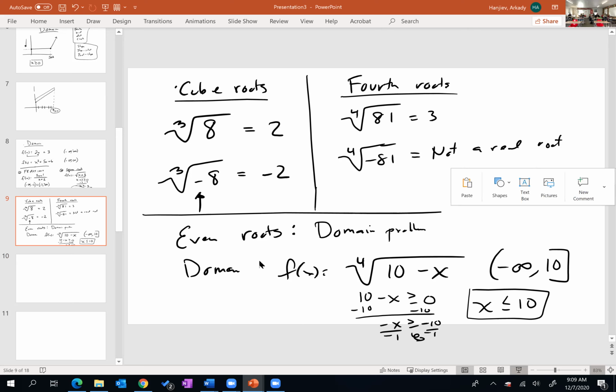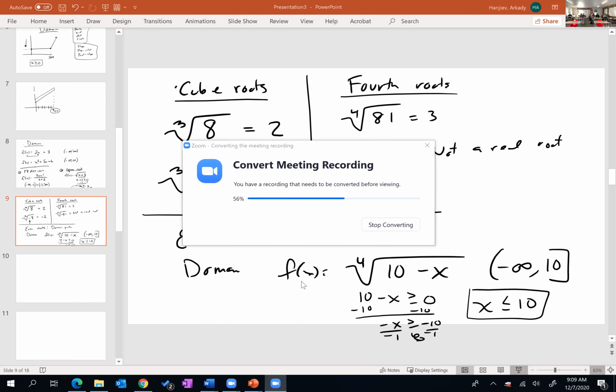My mouse, or my tablet, is acting really funny here. Let's see if I can get to it. Nope. Let me change my screen here. Screen share, change.